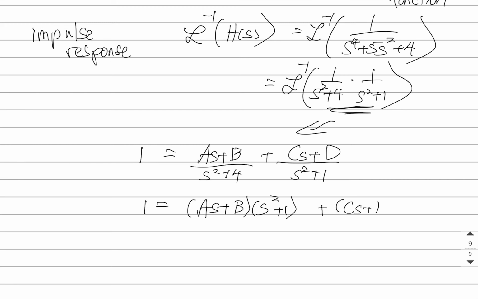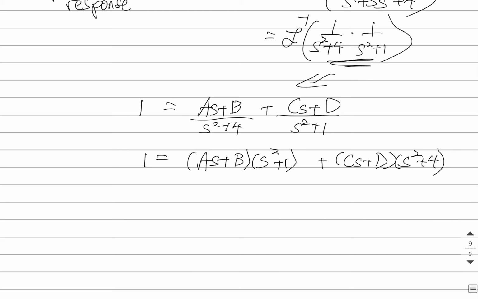There are many different ways you can tackle this to try to find a, b, c, and d. But basically, you should use convenient test points. The poles of each of these are going to be plus or minus i and plus or minus 2i. So if we pick i, the first term will be 0.